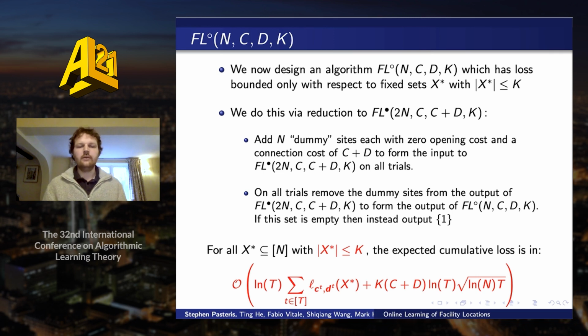Of course, we can't output the empty set, so if this set is empty, then we instead output an arbitrary singleton set. So now we get the same loss bound as for FL bullet, except this time it holds for all x star with cardinality bounded above by k, instead of all x star with cardinality equal to k.